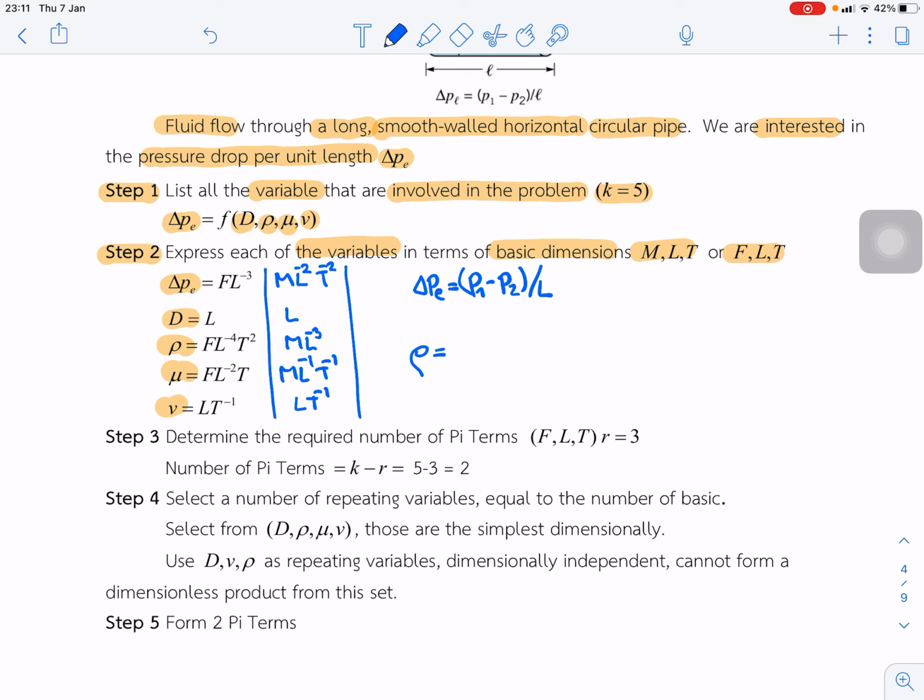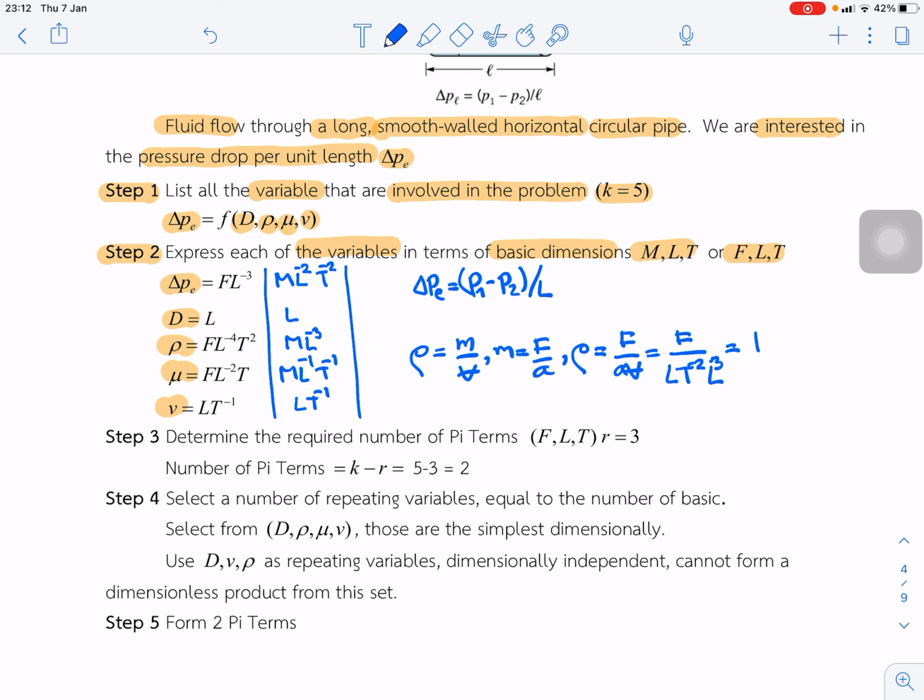For example, density is equal to mass over volume. In this case, mass is equal to F over a, from Newton's second law. We substitute the mass in this equation, so we get F divided by a volume. Acceleration is equal to length times T to the power minus 2, and the volume is length to the power 3.